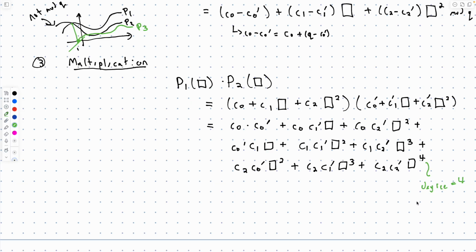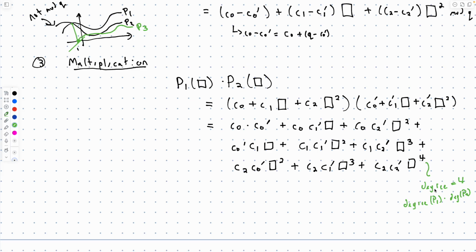But in general, it's going to be the degree of P1 times the degree of P2.